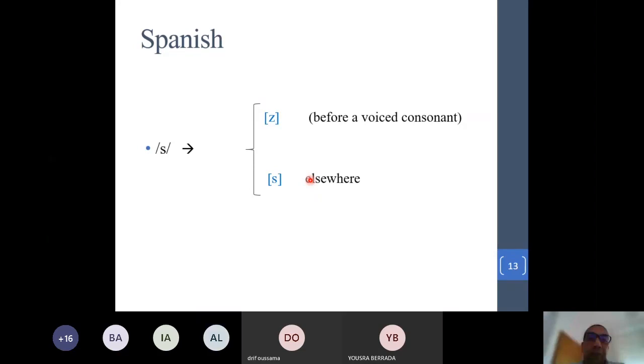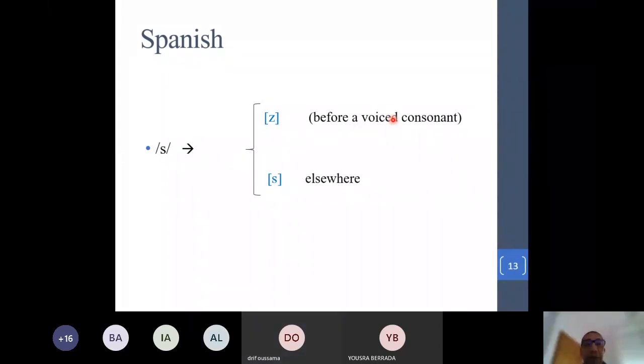We can call it voicing assimilation, and in phonetic terms, this is understandable, given that we have a sound S occurring in the context of a voiced consonant. It would be natural from a phonetic perspective to make the sound voiced before a voiced consonant. Here we have a voicing assimilation rule that explains this change.